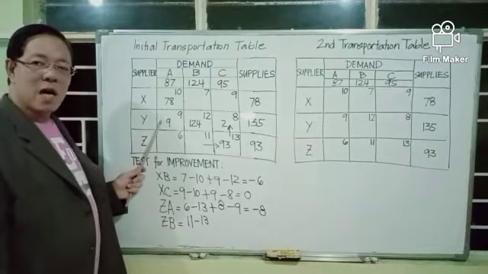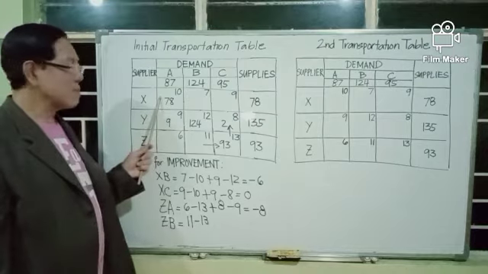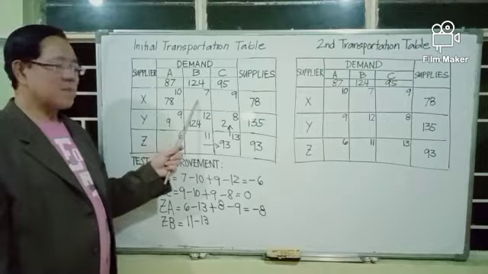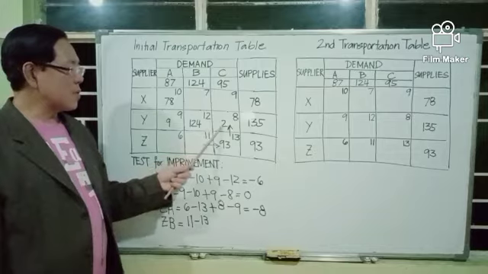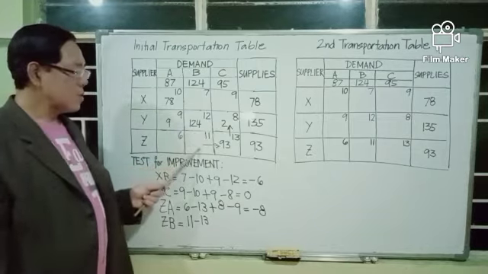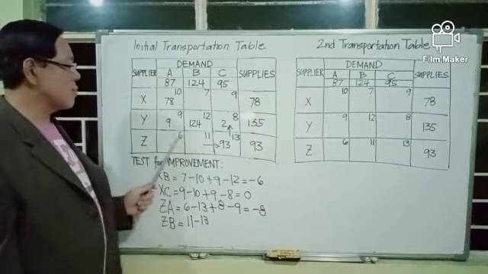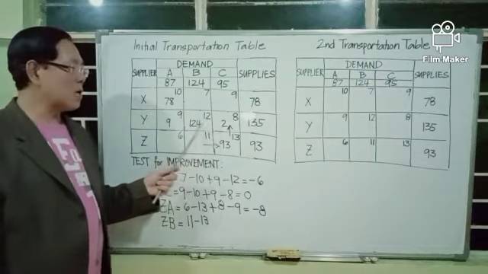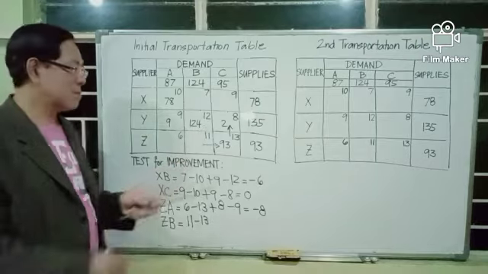If you move vertically upward from this cell, you can do that because this is occupied. And if you go to this cell, the next move is horizontal, and it's empty. So if you go straight from 2 to 9, you will not be able to return to where you started, the vacant cell ZB. Therefore, from 2, we move only horizontally to the left up to 124.